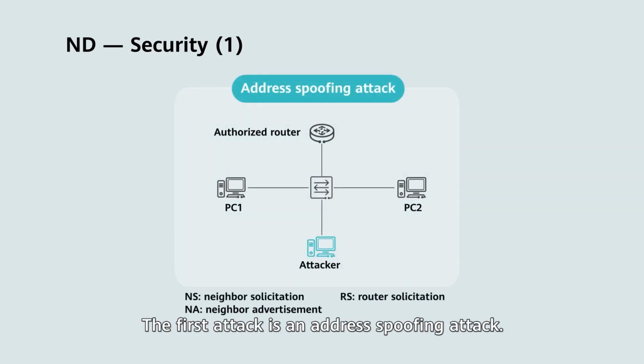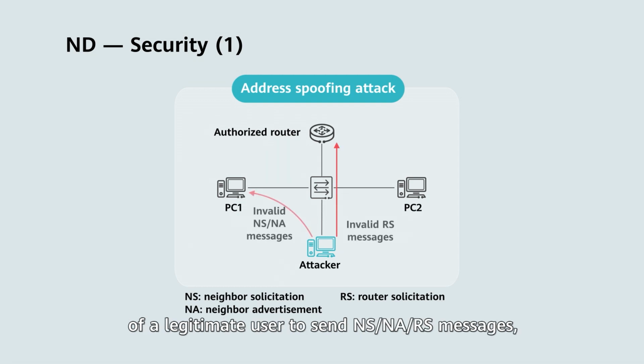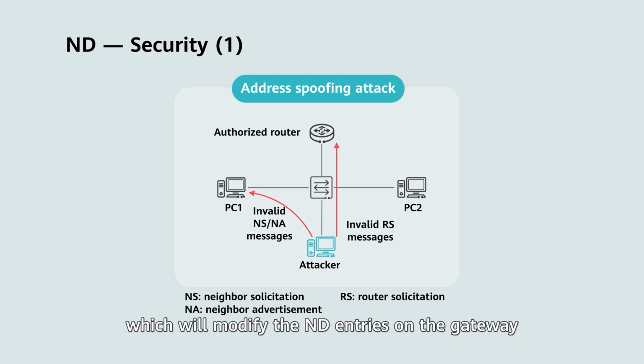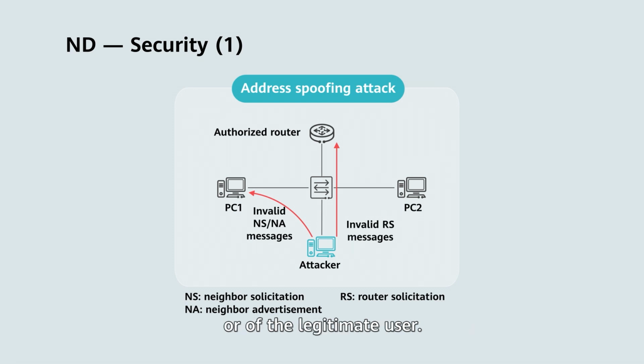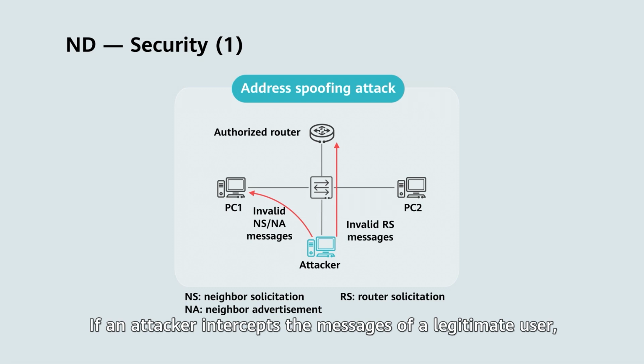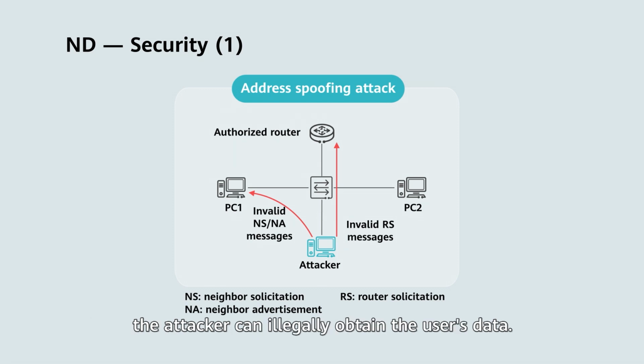The first attack is an address spoofing attack. For example, an attacker forges the IP address of a legitimate user to send NS and NA messages, which will modify the ND entries on the gateway or of the legitimate user. As a result, this user cannot receive messages. If an attacker intercepts the messages of a legitimate user, the attacker can illegally obtain the user's data.